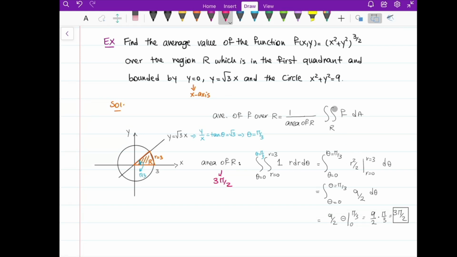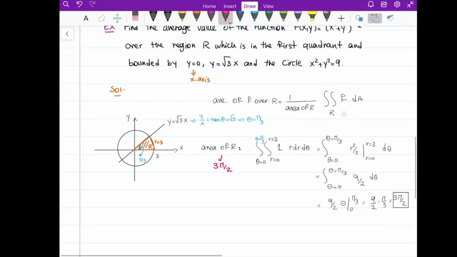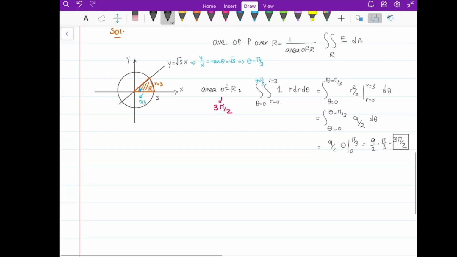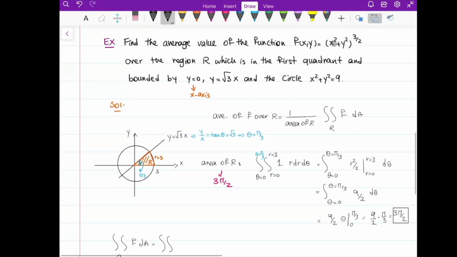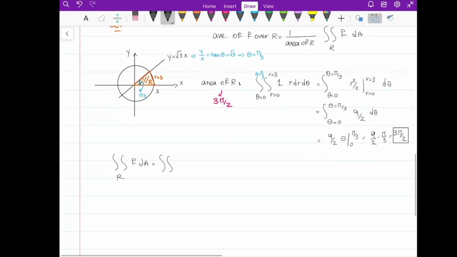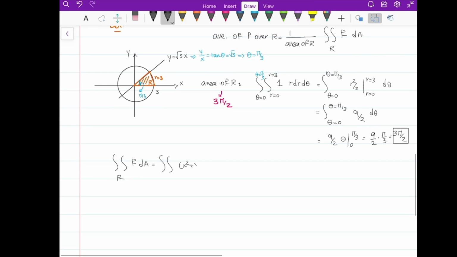Now, for the rest of my formula, I need the double integral of the function f. Let's calculate that one as well. The double integral of f dA over R is what? The function f is x squared plus y squared to the power of 3 over 2, dA over R. I'm going to switch it into polar because R is just a part of a disk.